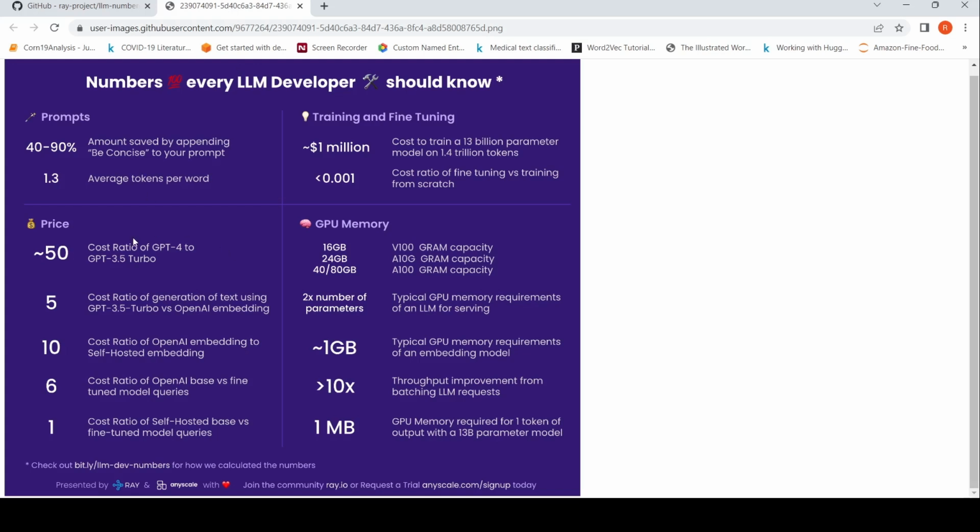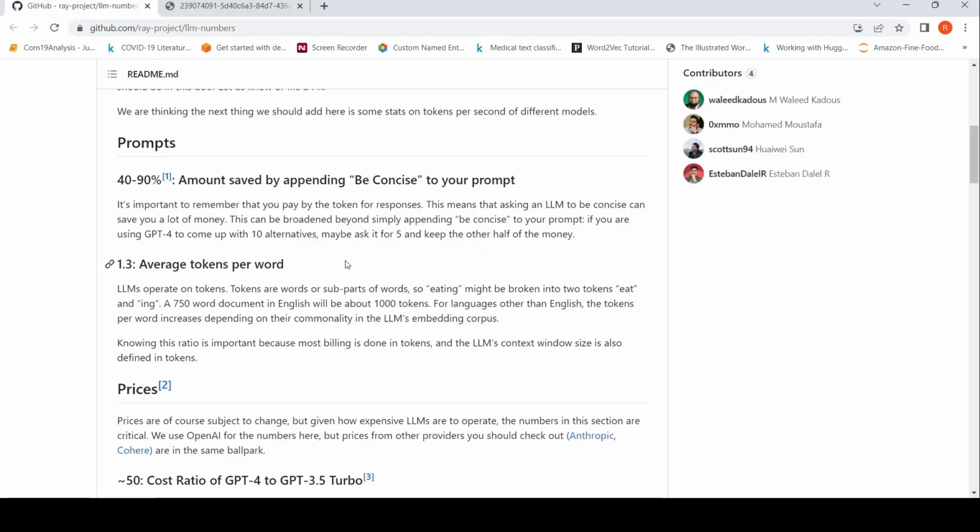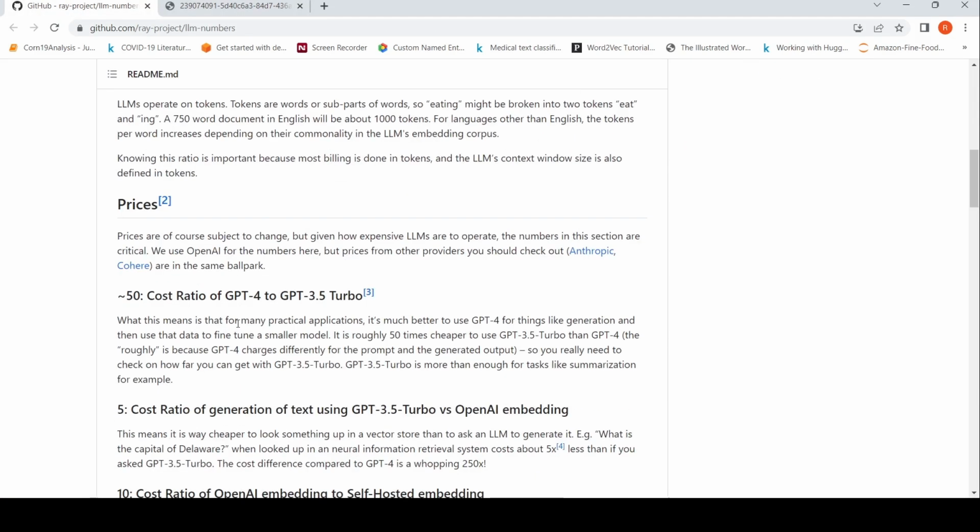Then you have price. The cost ratio of GPT-4 to GPT 3.5 turbo is almost 50. What this means is that it is much better to use GPT-4 for things like generation and then use the data to fine-tune a smaller model.